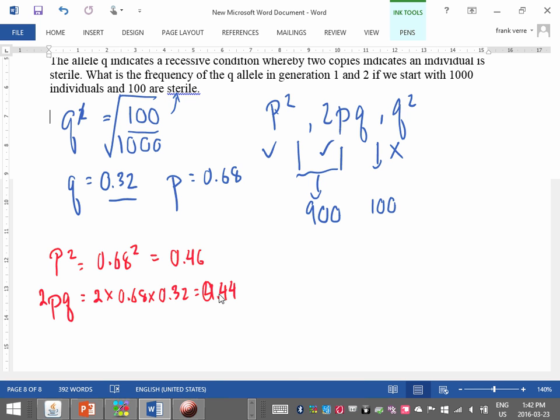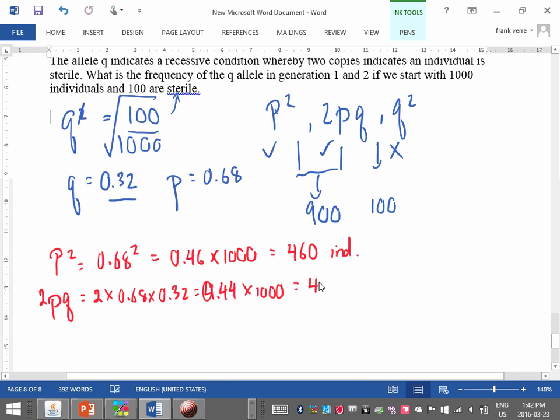So we know that our population is 1,000, right? 46% are P squared, so that would be 460 what? Individuals. And 44% are heterozygous, so that would represent 440 individuals.